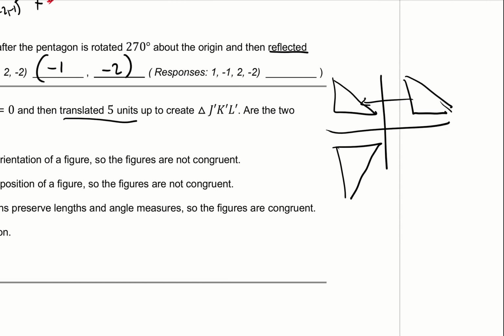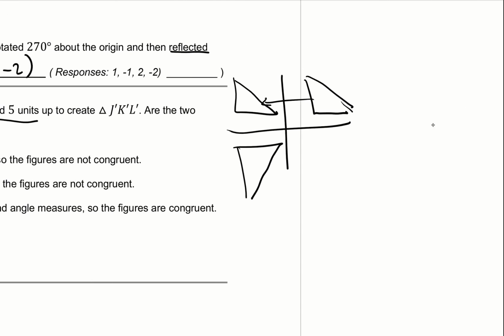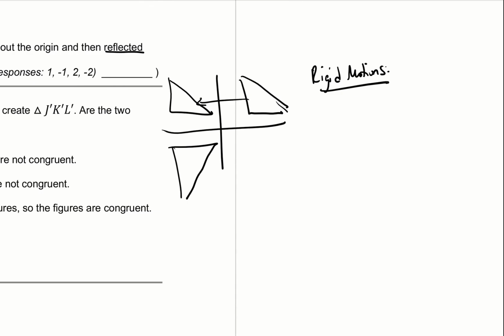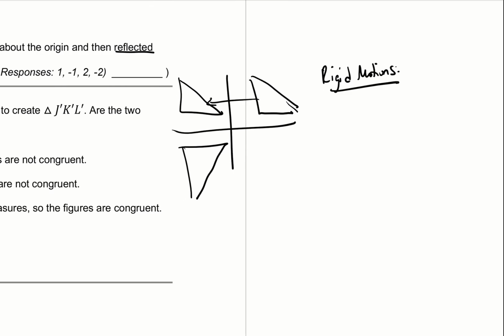These are known as rigid motions. Remember, there are several transformations that we call rigid motions, or sometimes isometries. They don't change the lengths of the figure, and they don't change the angles of the figure. They maintain the rigidity of the figure.